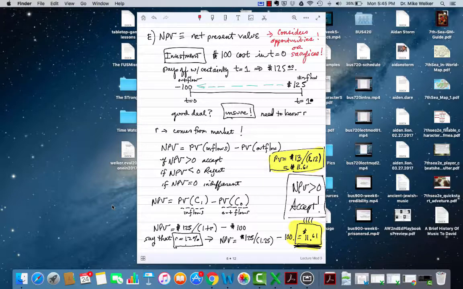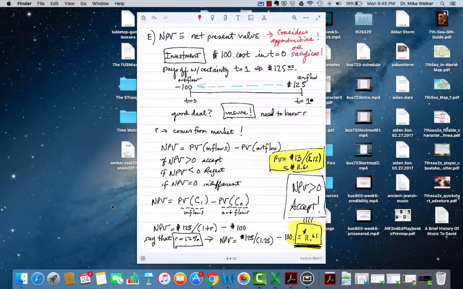So if we accepted that investment as a firm, what would happen to the common stock value of the firm accepting such a project? Let's say the firm has 1 share of common stock outstanding, and its only asset is a $100 bill. So the firm's worth $100. It then puts that investment into place, and after the investment, it's going to be worth $111.61 in present value terms. So the stock price is going to increase by $11.61.